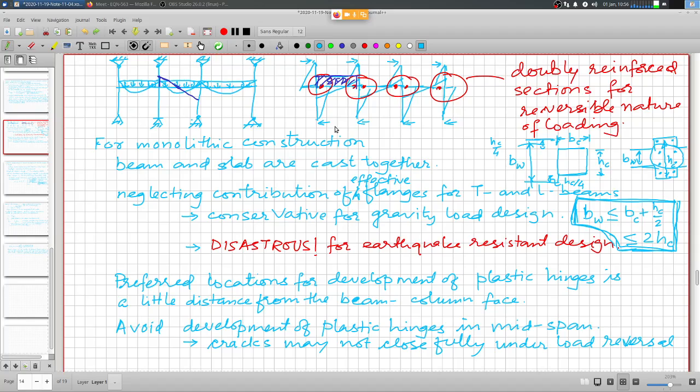And obviously the column capacities will depend on the moment capacities of the two floors. This is the joint, and you need to look at the moment capacity of the column below the joint, and also the moment capacity of the column above the joint, and together they will provide the resistance against the moments that are transferred from the beams.